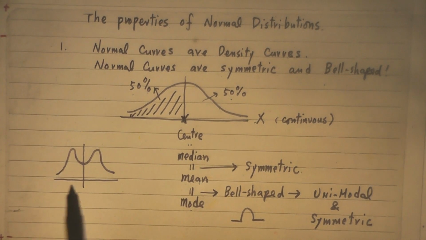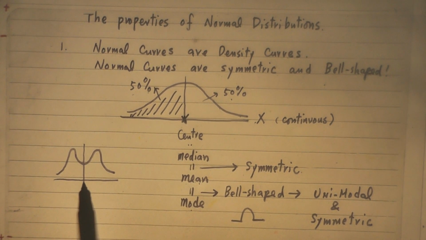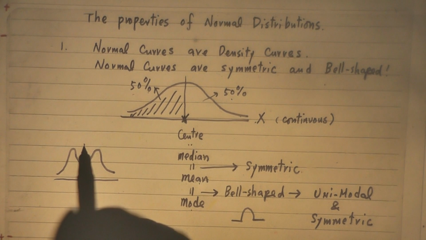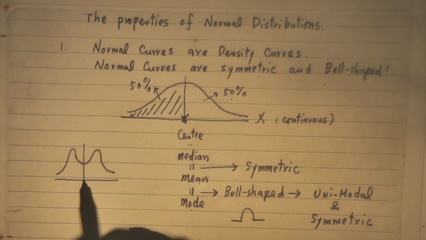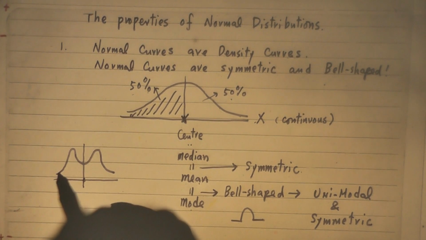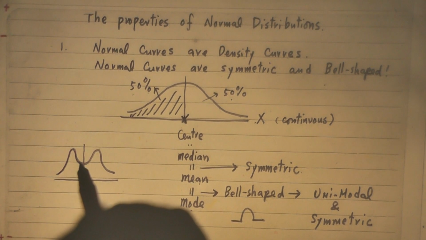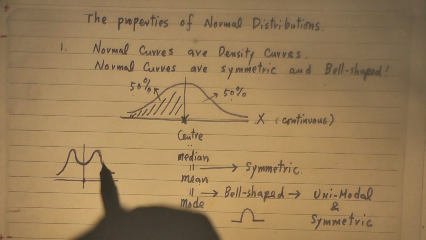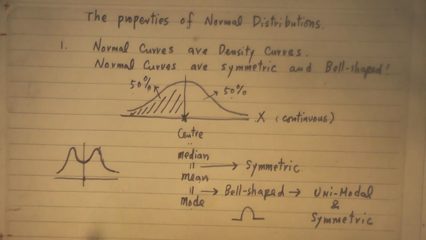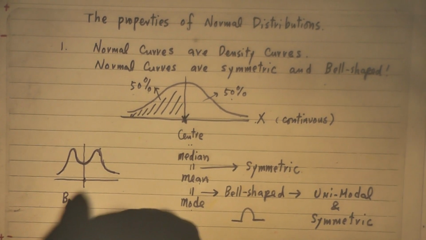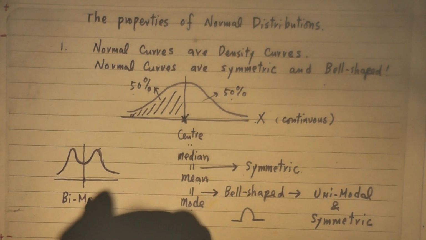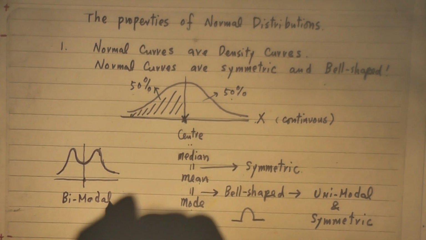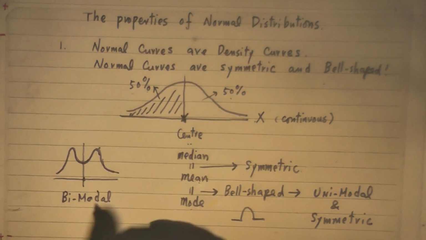For any distribution that is unimodal and symmetric, the mode must occur at the center. If it doesn't occur at the center, say it's on the left-hand side, by the symmetric property it's going to create another mode on the other side. Then it won't be unimodal, it becomes bimodal.